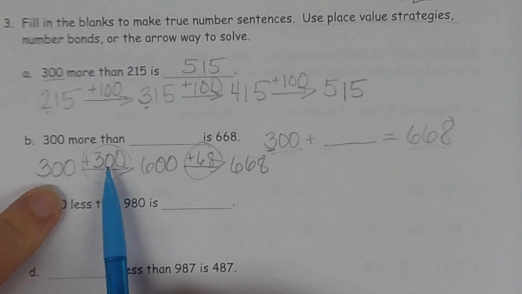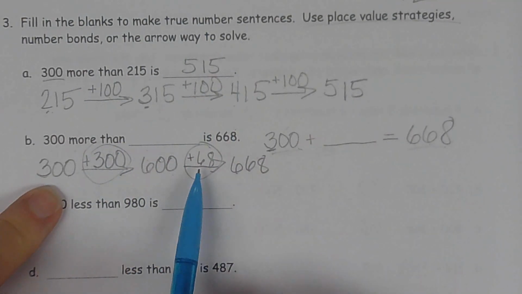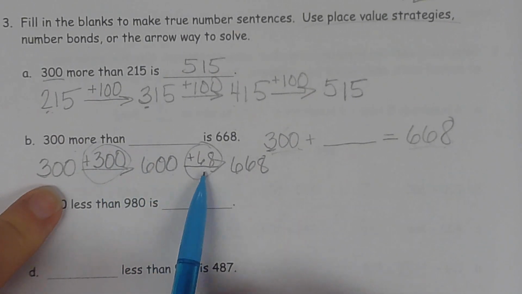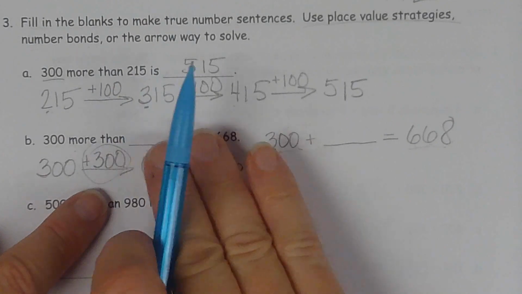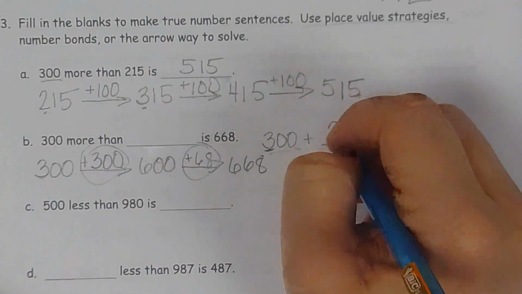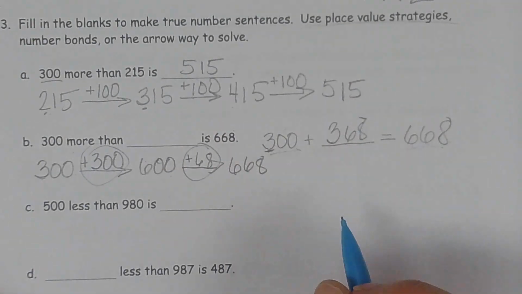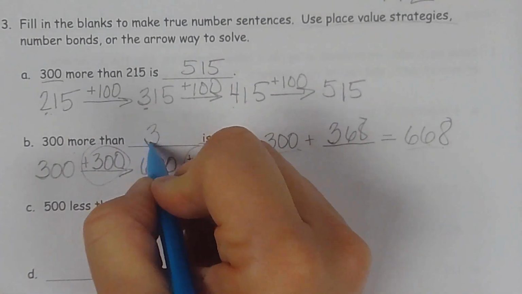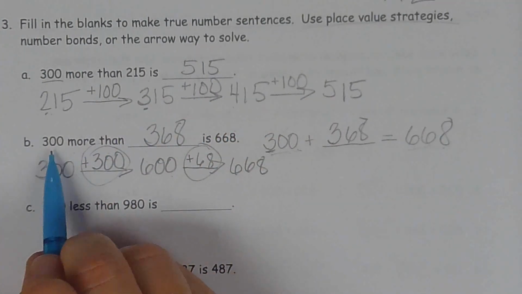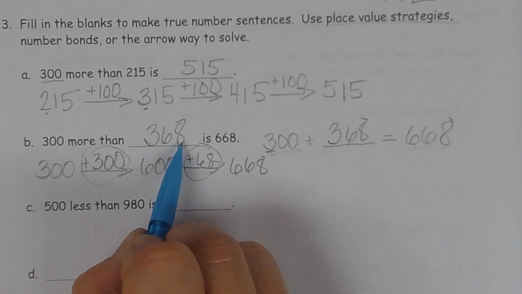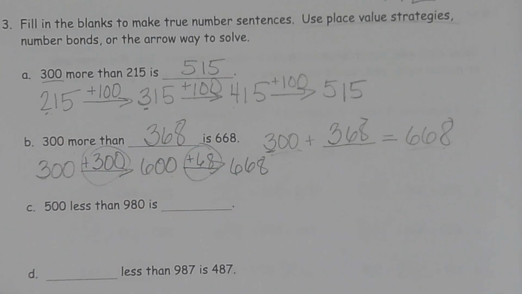So far we added 300 and then 68. 300 plus 68, that 68 is going to just slide right over those zeros, and we would have 368. 300 more than 368 is 668. I know.